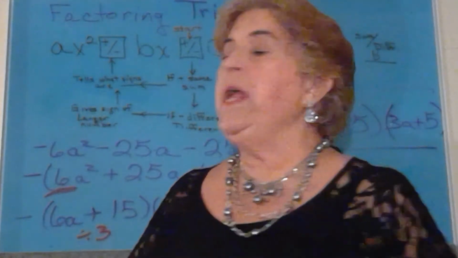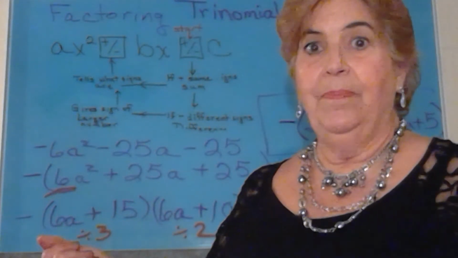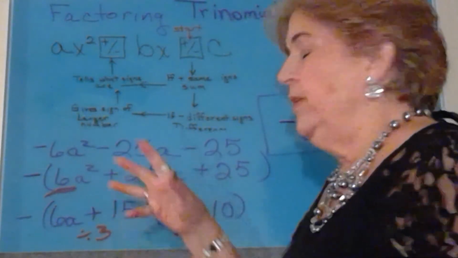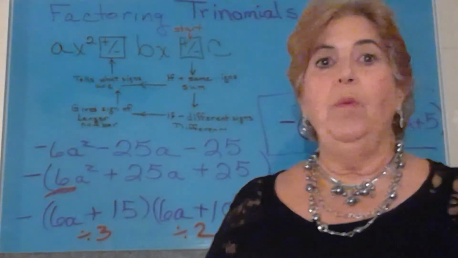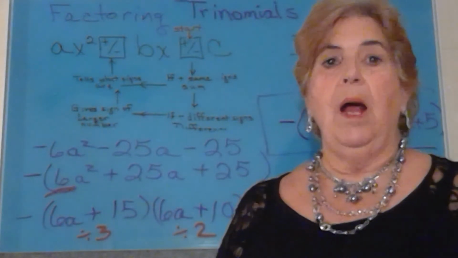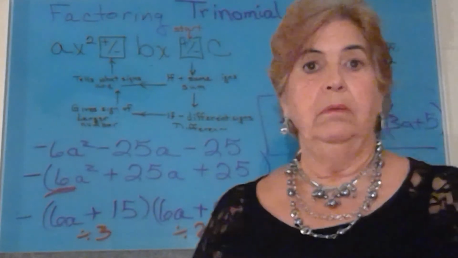It's going to be very helpful if you can factor quickly and easily. You can't have incorrect signs or incorrect numbers. So practice this. I will put a worksheet online for you to work through. And I think you'll see that this works out very, very well.